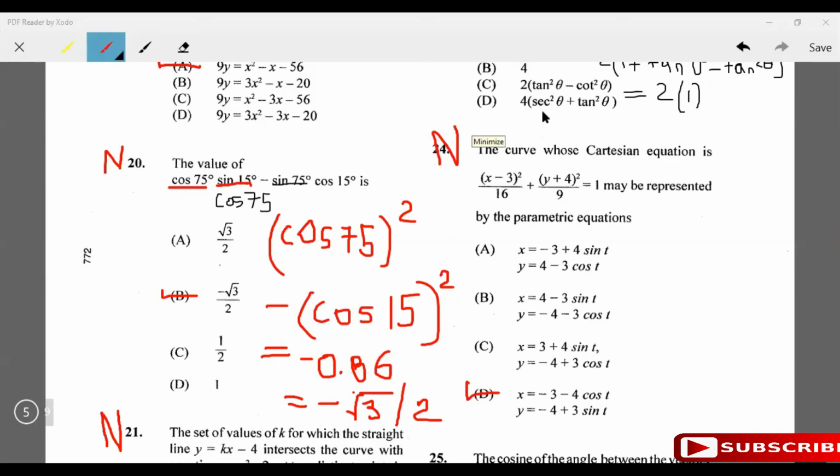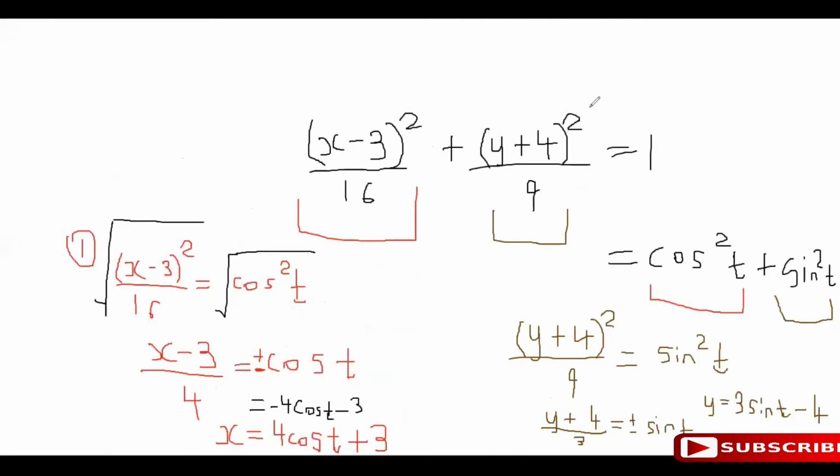All right, why couldn't it be option C? X is 3 plus 4 sine theta, and y is minus 4 plus 3 cosine theta. So in this case, what you're saying is that you let it be something with sine.